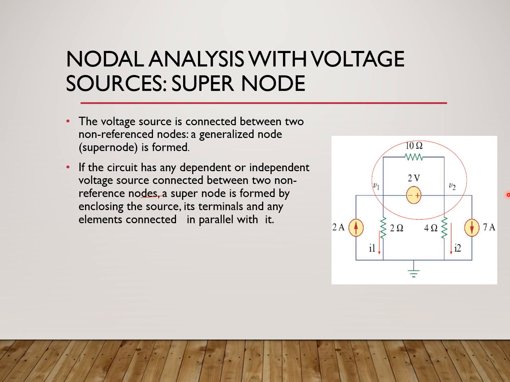In this case, the terminals, the voltage source, and this element are called the total super node, right? So here the 2-volt source is between the two non-reference nodes 1 and 2. So this total is called a super node. Now, how do you do the analysis of a super node? Let's see.